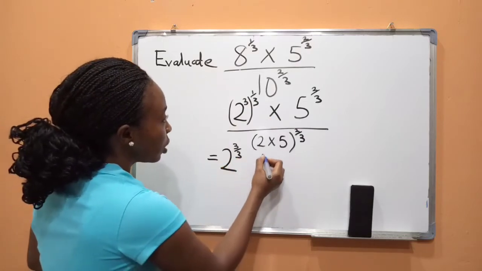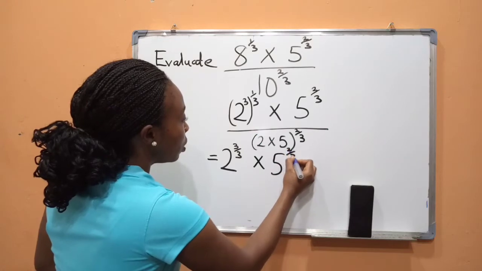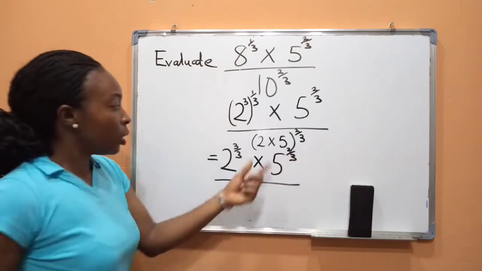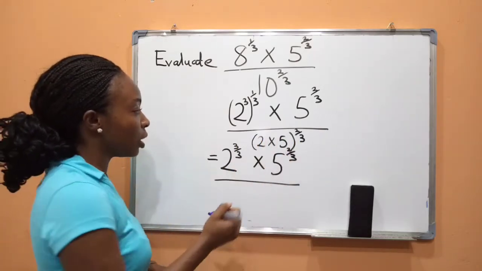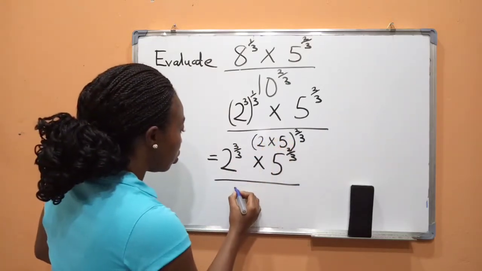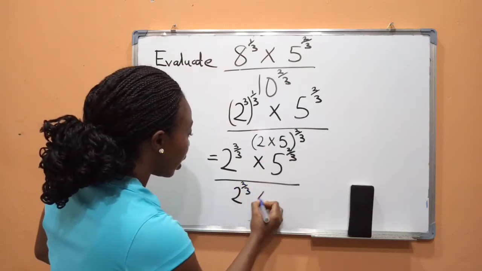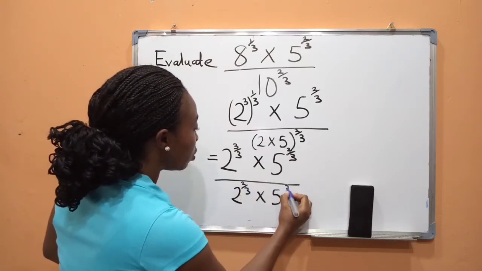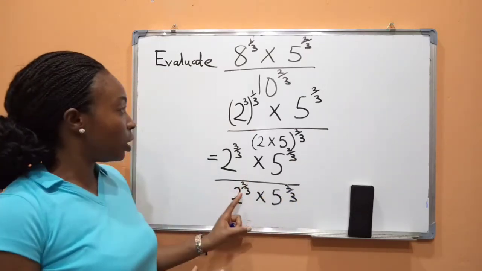So 2 to the power of 3 over 3 times 5 raised to the power of 2/3 over, now that we have this, the denominator can also be written as 2 to the power of 2/3 times 5 to the power of 2/3. We did this so that we can solve them individually.